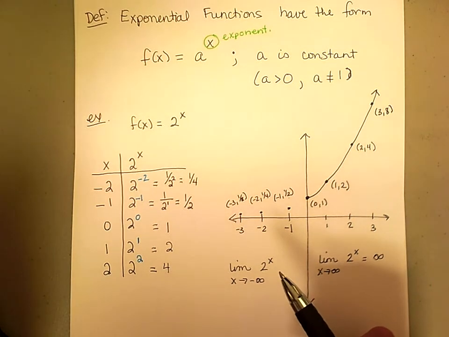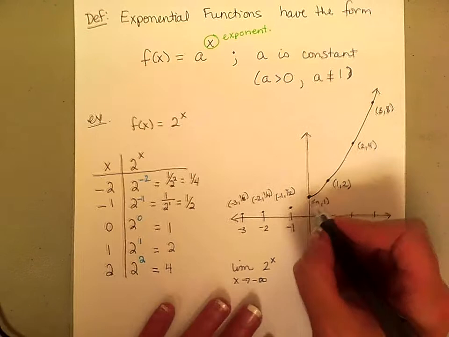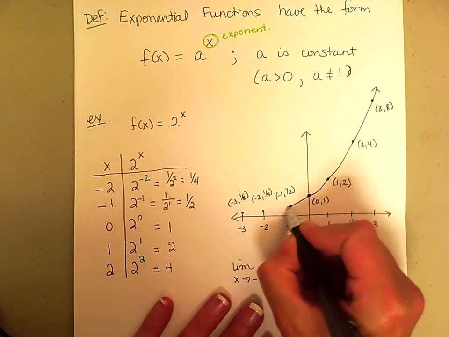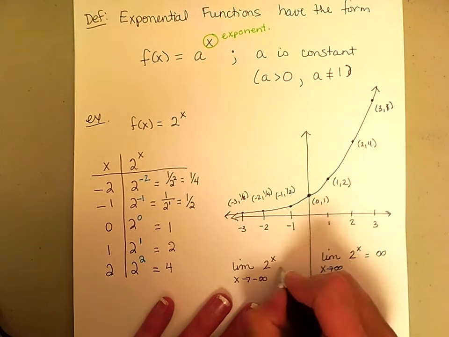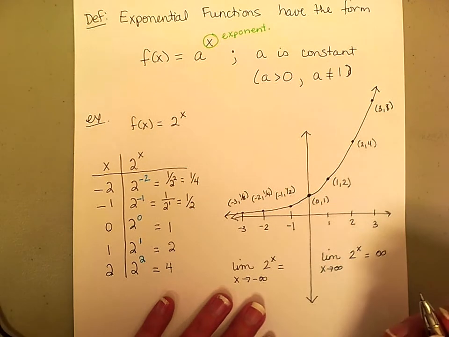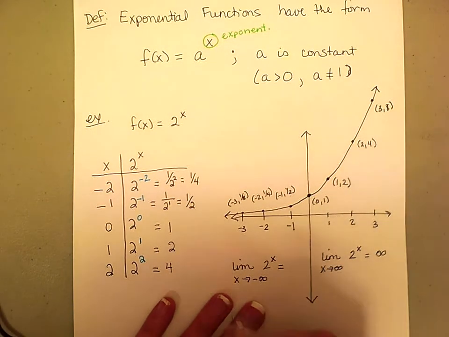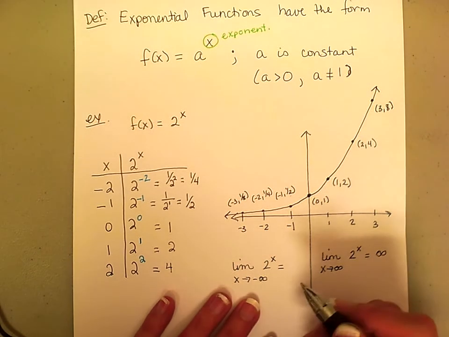And it turns out that they will never actually go negative, nor will they ever actually equal 0. It's going to get extremely, extremely close. It could have 1/2 million, for example, but it will never actually equal 0.